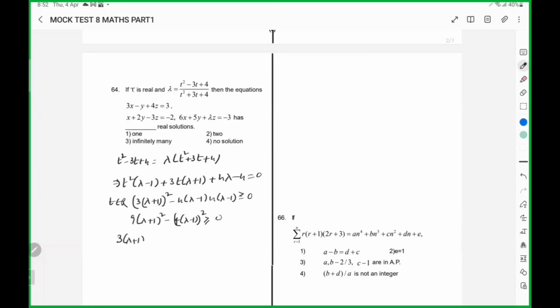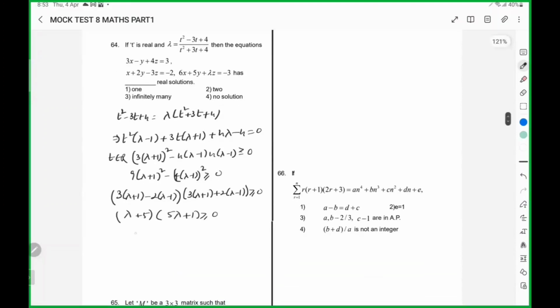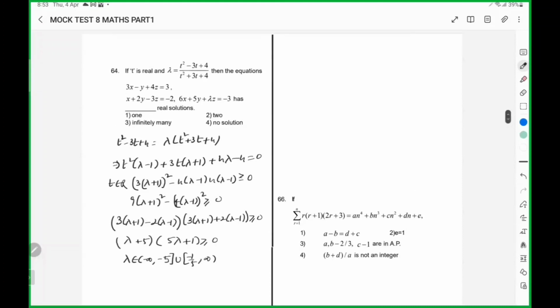So 3 times lambda plus 1 minus 2 times lambda minus 1, and 3 times lambda plus 1 plus 2 times lambda minus 1. So lambda plus 5 and 5 lambda plus 1 greater than 0. So that means lambda is minus infinity to minus 5 union minus 1 by 5 to infinity.